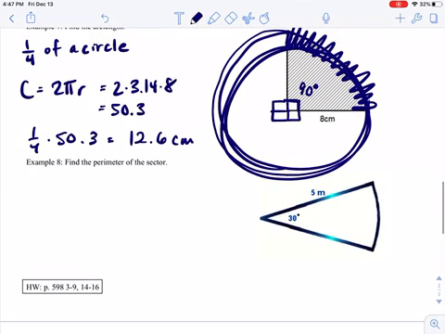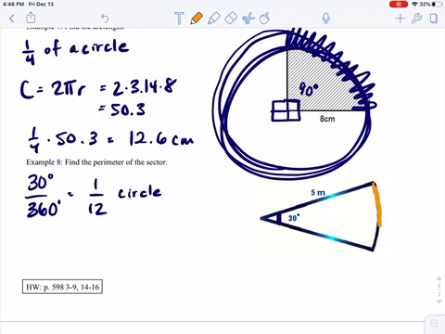Okay, one more. This is a portion of a circle. It's 30 degrees. And we know that a circle is 360 degrees. So 30 over 360 tells us that this is actually 1/12 of a circle. So in order to find the perimeter of the sector, first I'm going to find this arc length.